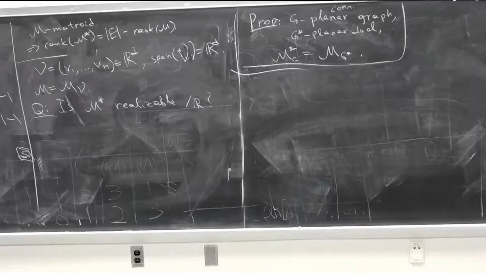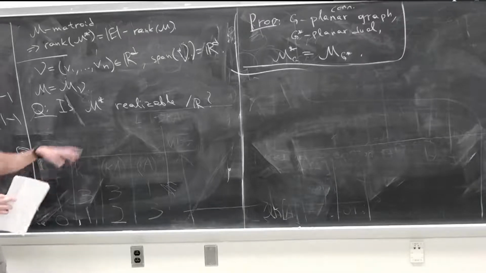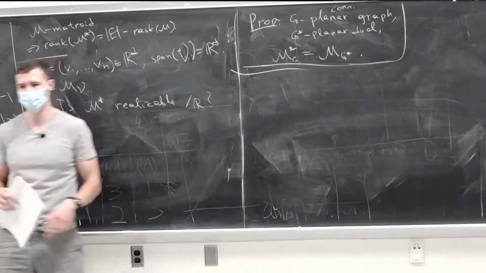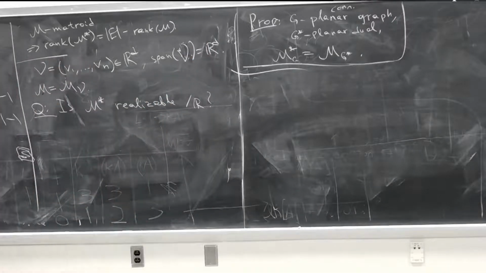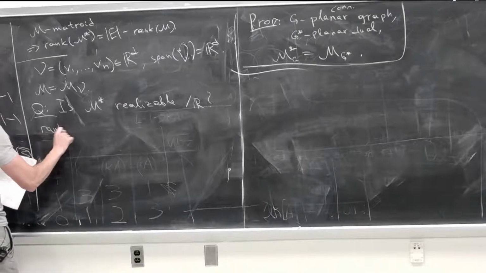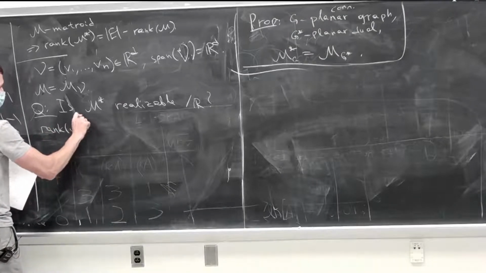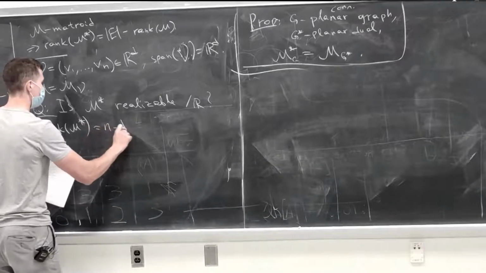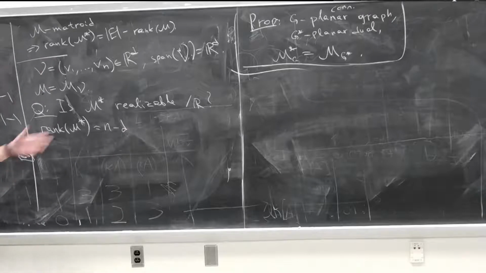Right, okay, so the natural guess is that if that's a dual matrix, you need to take the dual of this linear space, which is also d-dimensional. By the way, what's the rank of M star? It's n minus d. So if it is realizable, it should be some collection of vectors in the n minus d dimensional space. That's a mystery.